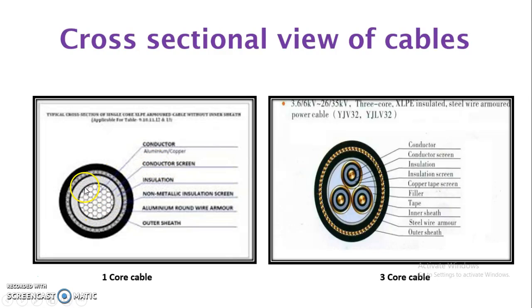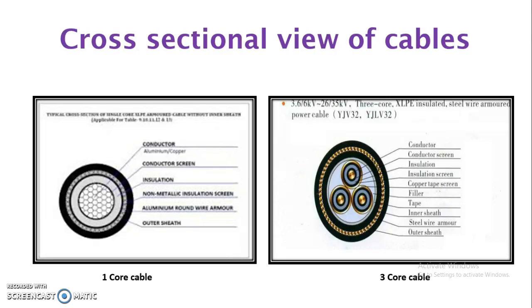Surrounding the conductor there is a layer of insulation, and this insulation layer can be made of bituminous compound, rubber, or paper insulation, impregnated paper as we call it. Surrounding it there is an insulation screen, a non-metallic insulation screen. We can also call it a sheath, which is also used to make the cable strong enough to withstand several hazardous conditions.